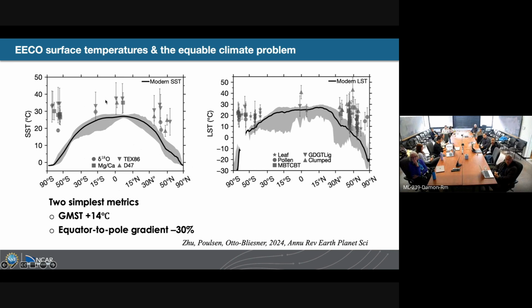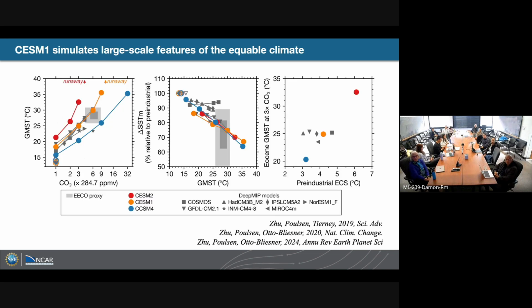And using the tropical SST and the deep ocean temperature, we can estimate the equator to pole temperature gradient. And we estimate that the gradient was reduced by 30% for the early Eocene. And this type of global warming and reduction in temperature gradient has been challenging for the previous generation of models to simulate. And there's quite some research interest looking into this.